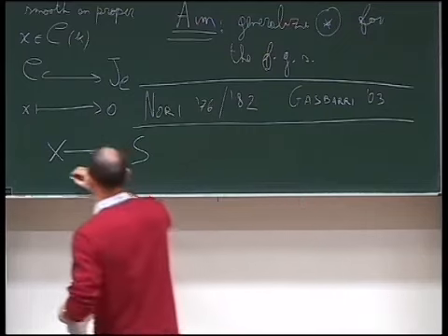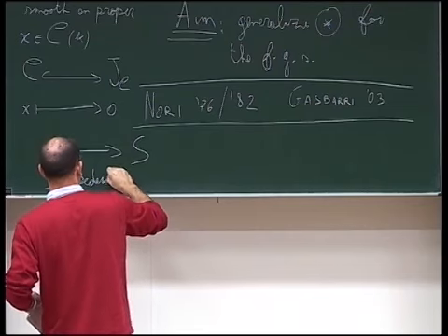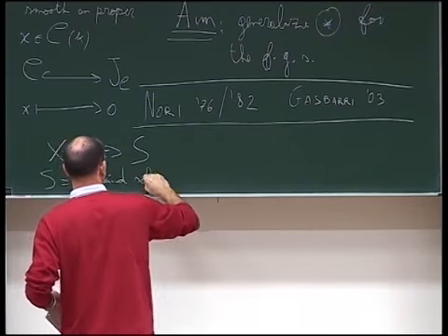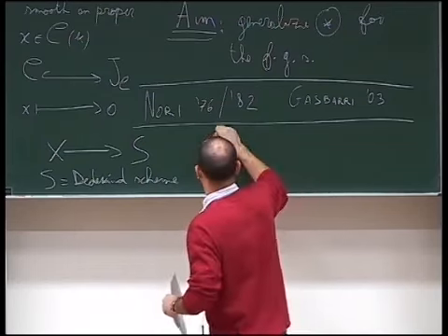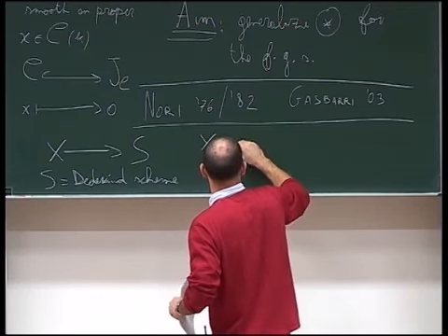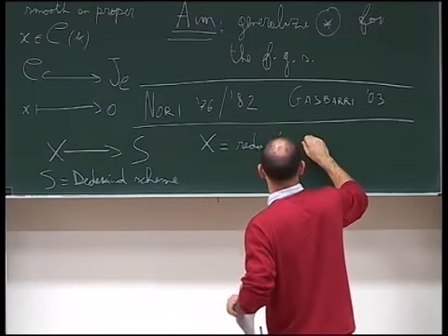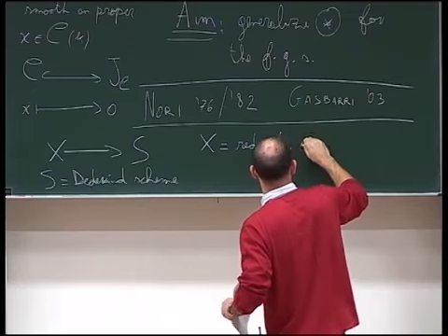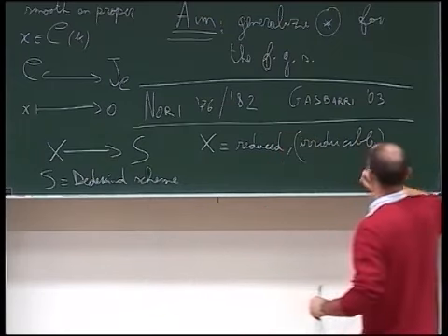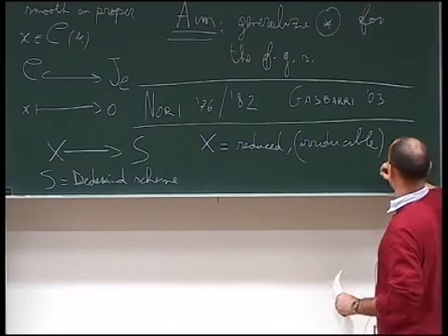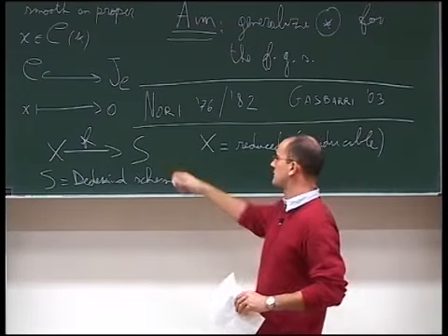So S is a Dedekind scheme, X is a reduced and irreducible scheme. Irreducible is needed if S is not a field.